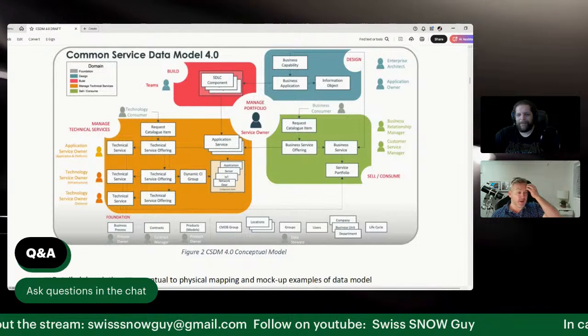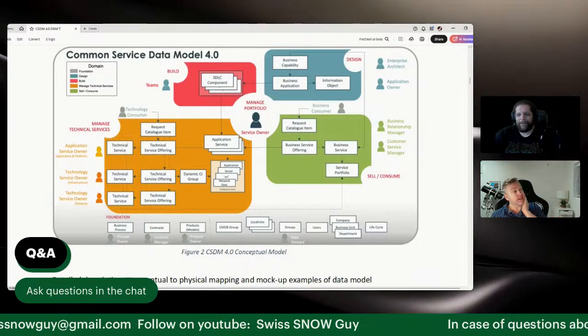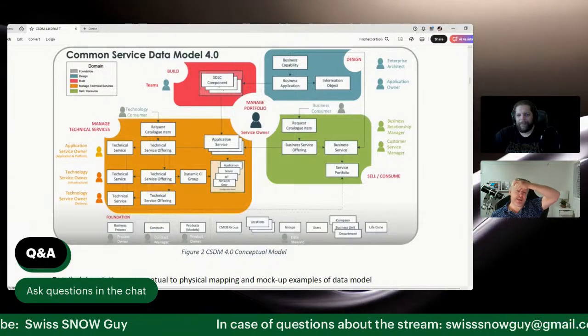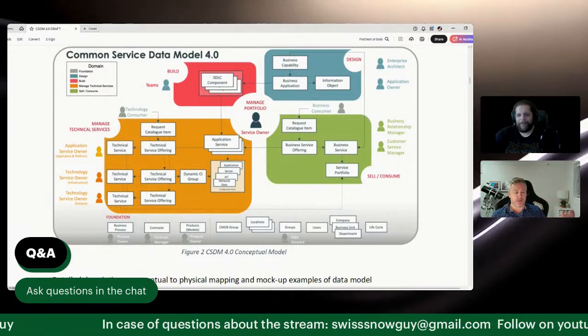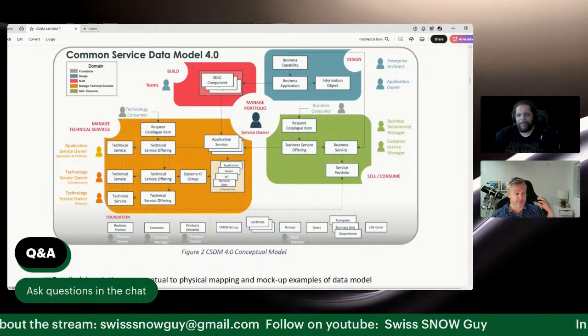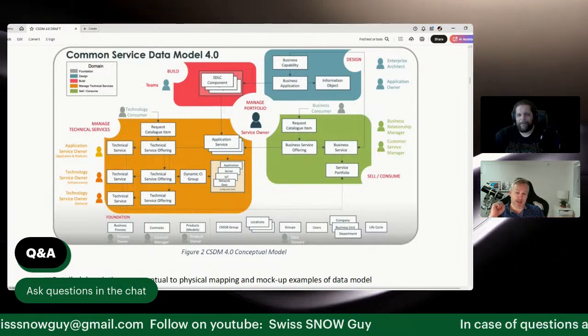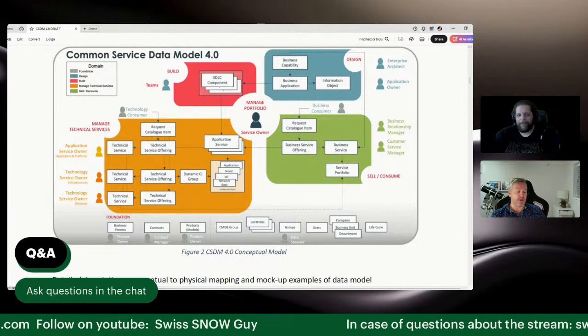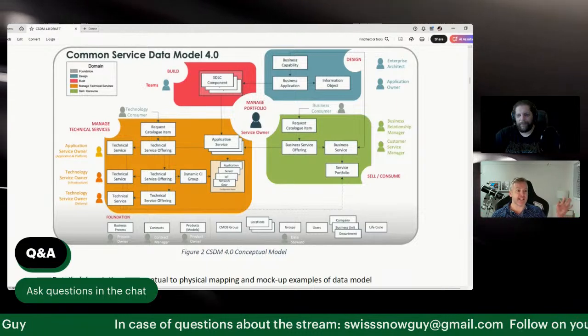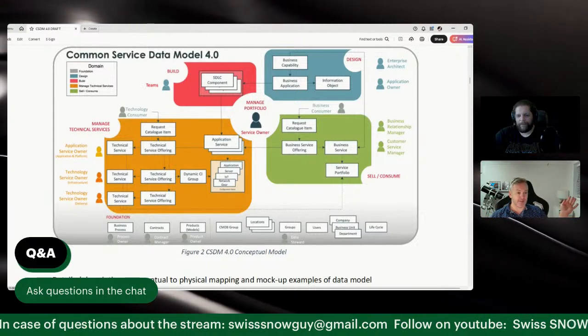Or it could be that one of my customers at the moment is an MSP, right? So they're really focused on that consume, not necessarily the individual CIs, even though they do have some, because they're managing millions and millions of CIs across hundreds of companies.